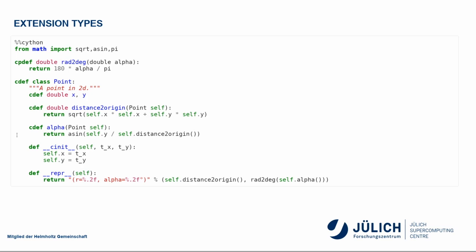So you have a cdef class here, and you represent your class like this. So this double xy here, the double distance to origin, for example, are functions that are then later called from or available as class methods. Notice the special method cinit here.